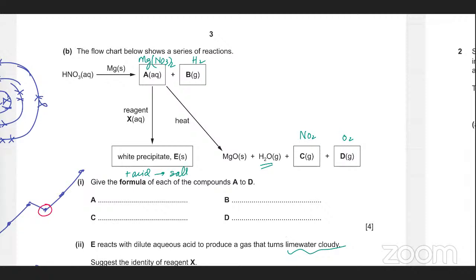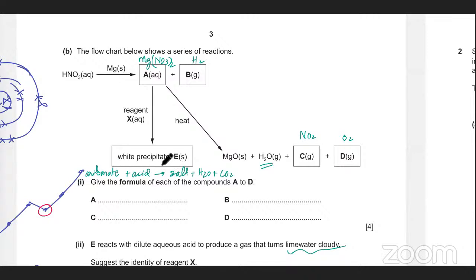And the only reaction with acid that we know of that produces carbon dioxide gas is a carbonate reacting with an acid. So carbonates tend to react with acids to produce salt, water, and carbon dioxide. So E is a carbonate.